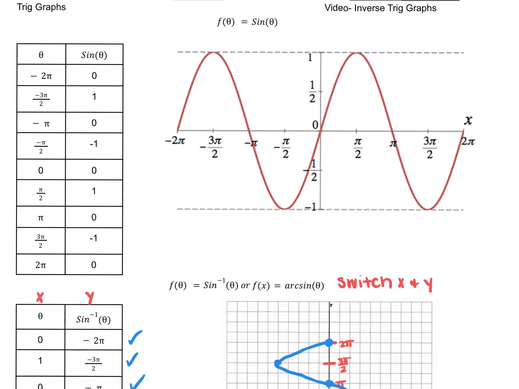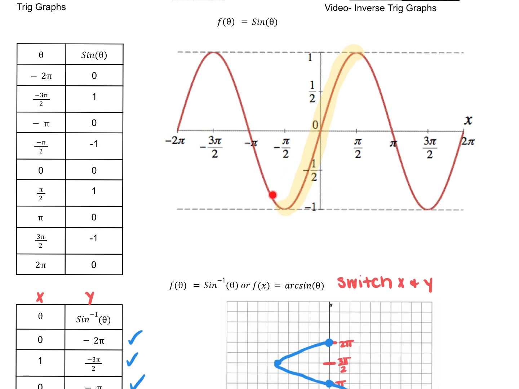And what you want to do is look for a piece of this graph that's hovering around the 0 marker such that it passes both the vertical line test and the horizontal line test. So if it passes the horizontal, that will also mean that the inverse will be a function. So if you take a look here, it's really just from here to here is this section of the graph that passes both the vertical, hits once, and the horizontal line test, hits once.